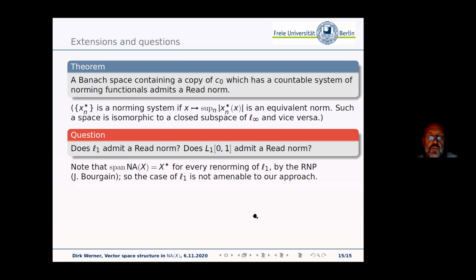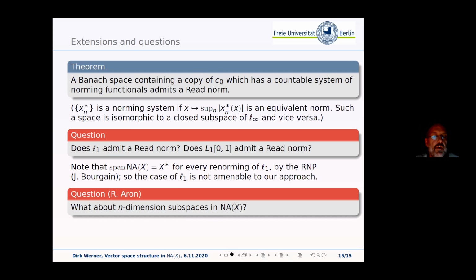So this is open. And another question that Richard Aron once asked. So we now know that there are spaces without two-dimensional subspaces in NA(X), but is it possible that they have two-dimensional subspaces, but not three-dimensional subspaces?